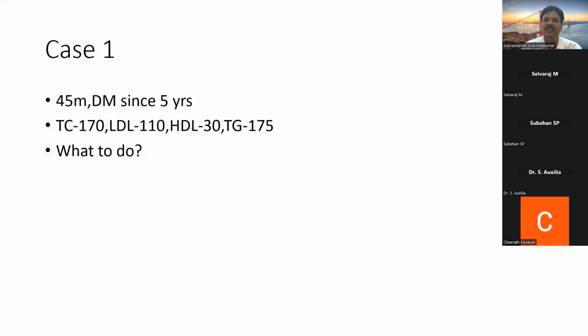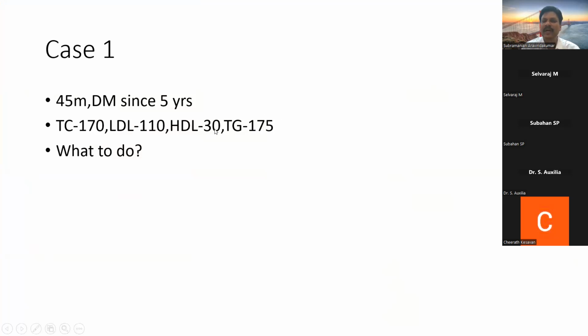Right? So with this background, I'll go with a case scenario and we'll see how to manage. So here, 45 years, diabetes 5 years. It means one risk factor is there. Total cholesterol is 170, normal, LDL is 110. You will just look into triglycerides and HDL.